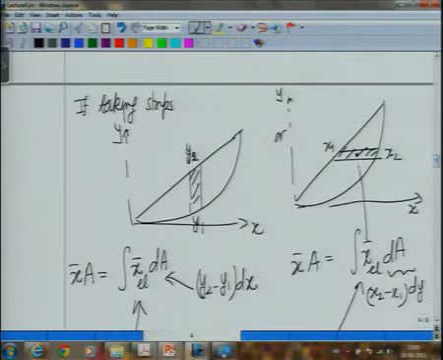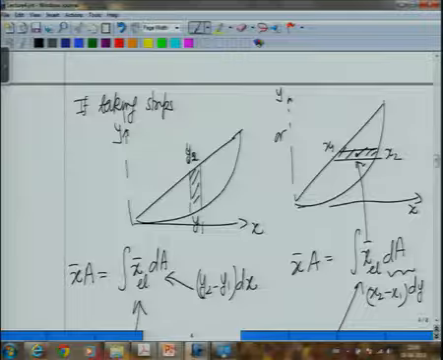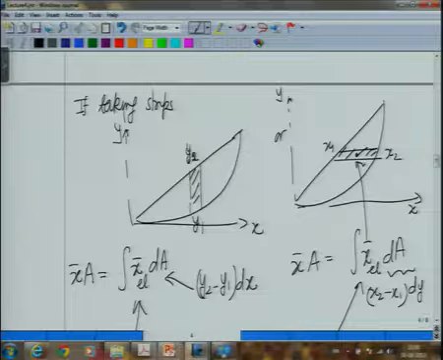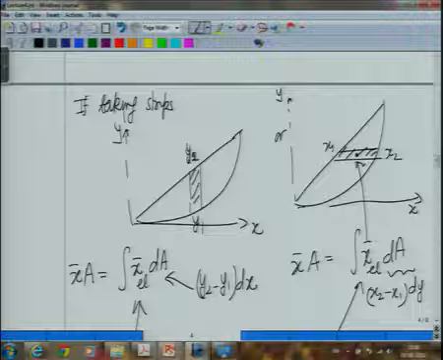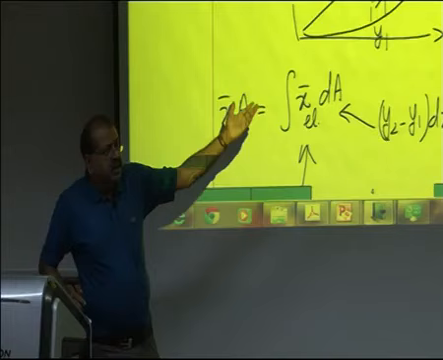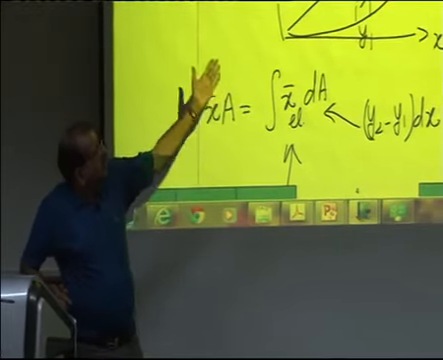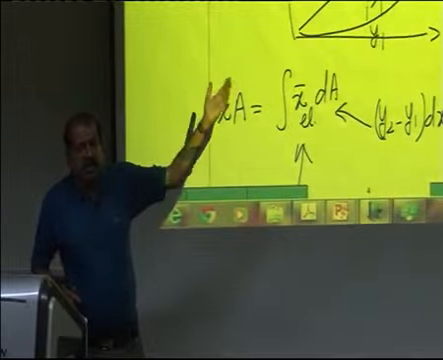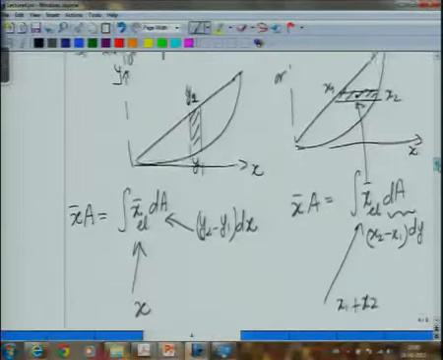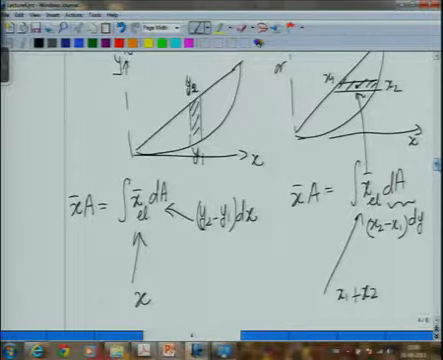This x bar of the element is the x coordinate of the centroid. What will this be? It will be x1 plus x2 divided by 2. So the coordinate of this will be x1 plus x2 divided by 2.